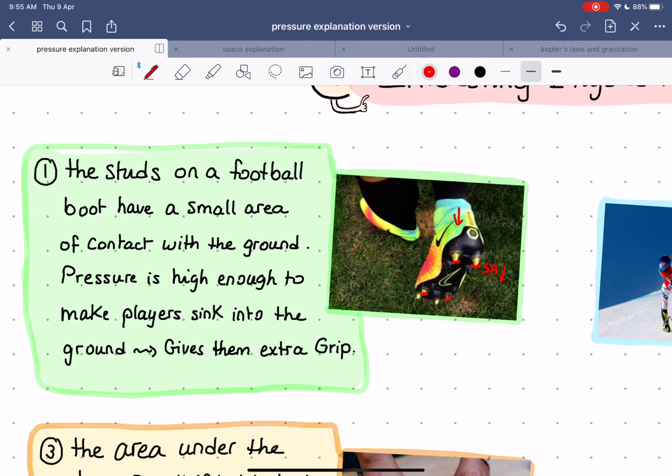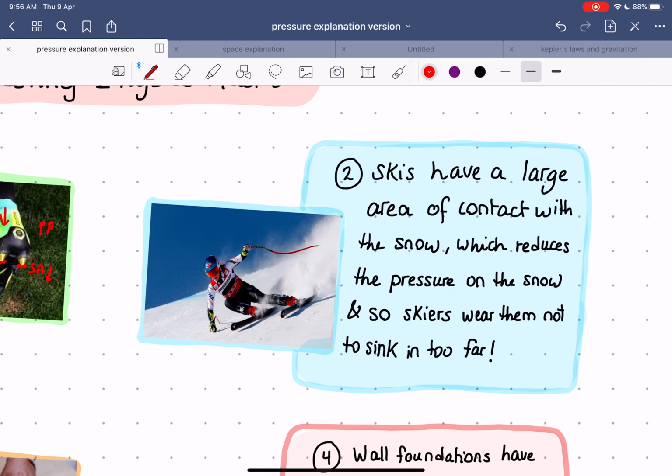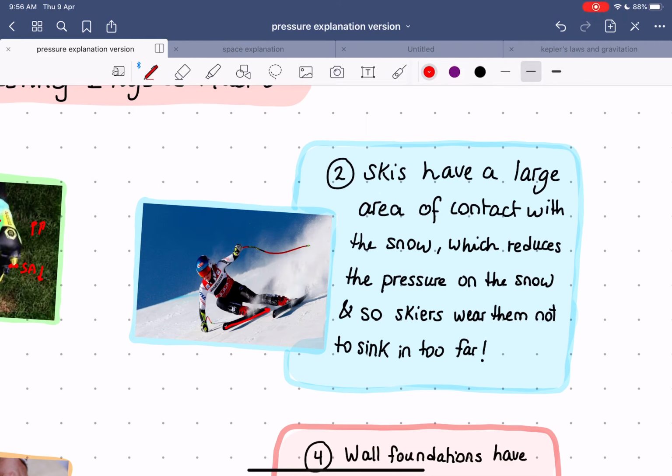And we know that the smaller the surface area, the more the pressure, and so it gives you a better grip to the ground. Same thing applies to the ski, but this time the ski has a larger surface area. So your weight is distributed on a larger surface area, and a larger surface area means a lower pressure, and so you won't sink into the snow.